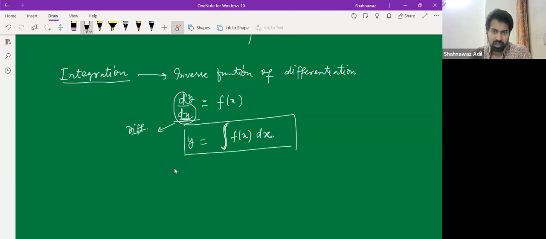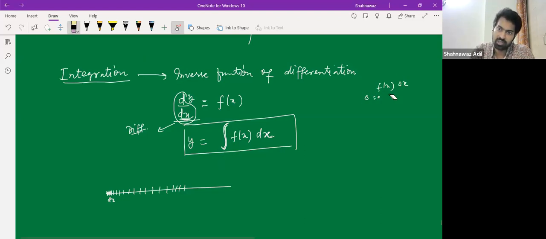In differentiation, we calculated the small change. In integration, we take these small changes and add all of them in continuation. This is also written as a summation of f(x) delta x from 0 to some limit, and this summation changes to the integration.